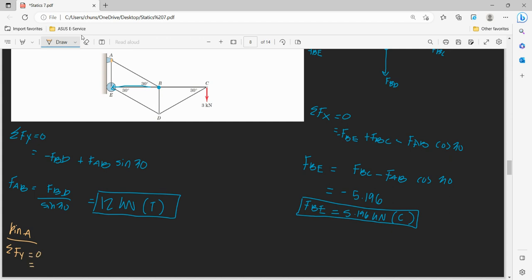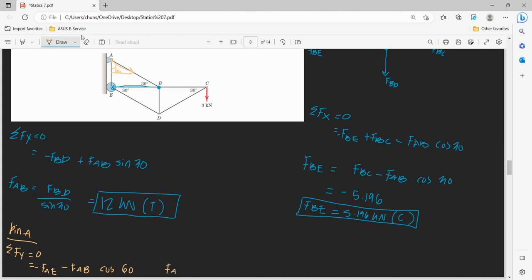So AE points down, it's negative FAE, and you have this one here, so you're going to find the y component of it. So this is 60, cos 60. So this is minus FAB cos 60.